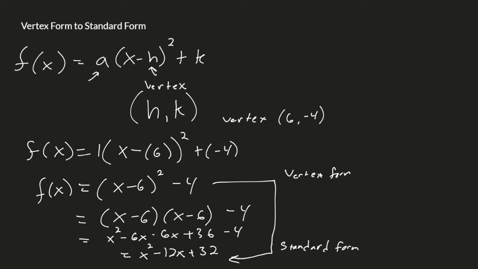It's going to require a bit more work than just distributing out our vertex form or our factored form. What we're going to need to use is the completing the square method that we've learned along the way. We'll do a quick review because the process is fairly quick, and applying that technique correctly will get us into our vertex form.